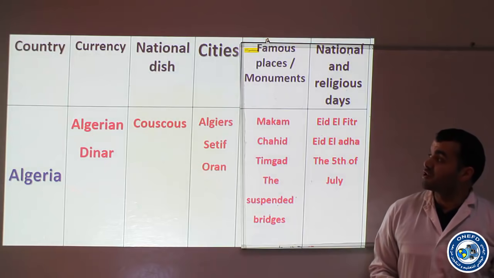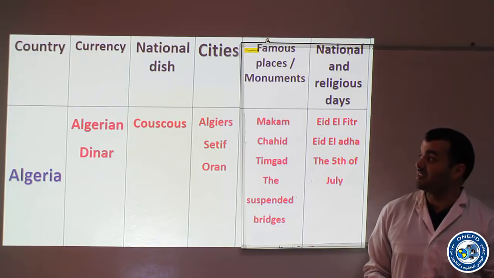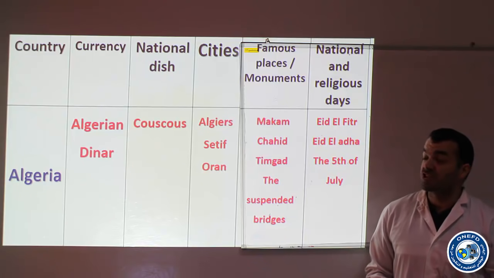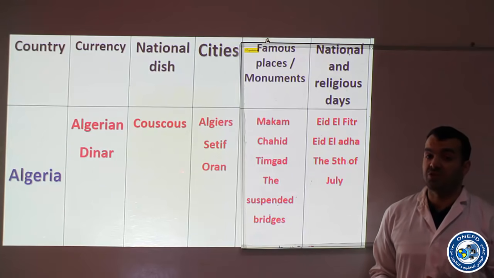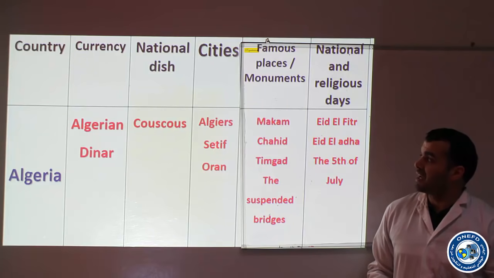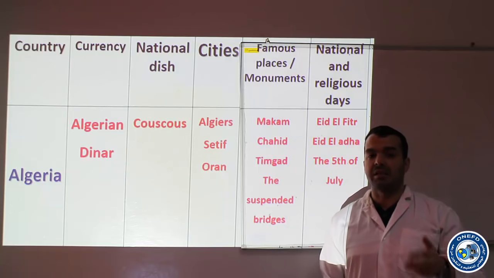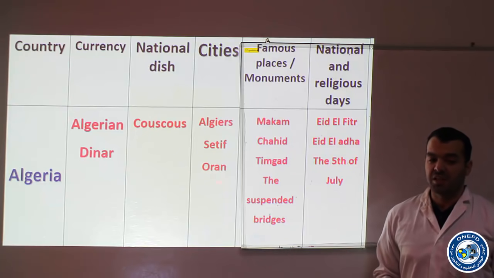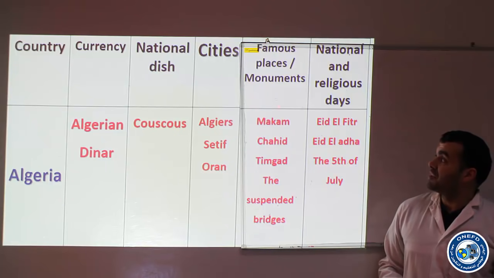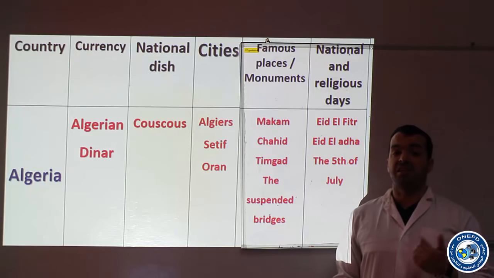Our country, Algeria, our currency, the Algerian dinar, our national dish, couscous. Some cities: Algiers, Sétif, Oran, Constantine, Tamanrasset, Tlemcen, etc. Famous places and monuments, for example, Maqam Echahid, Timgad, the suspended bridges, Roman ruins in Tipaza and Djemila, etc.